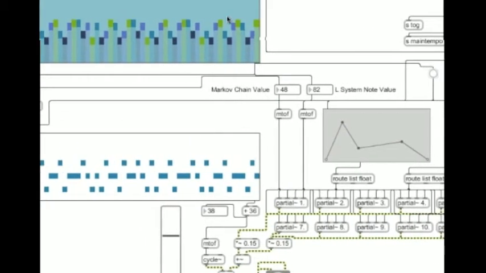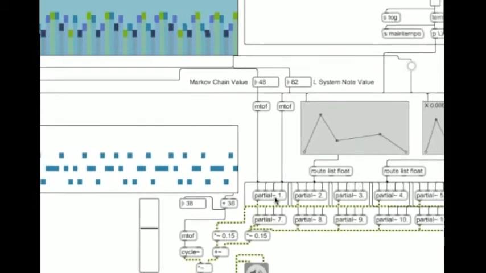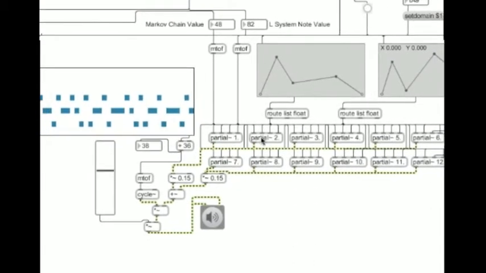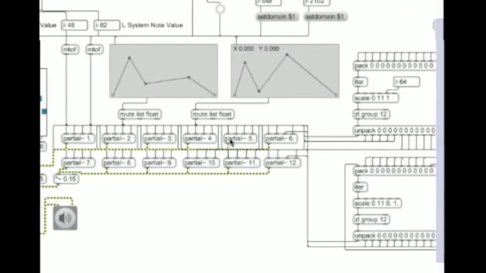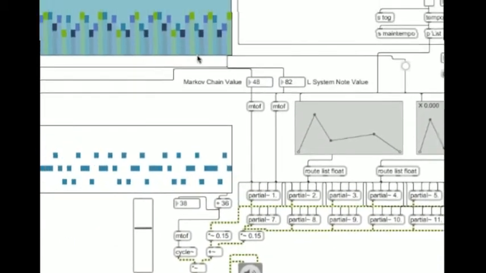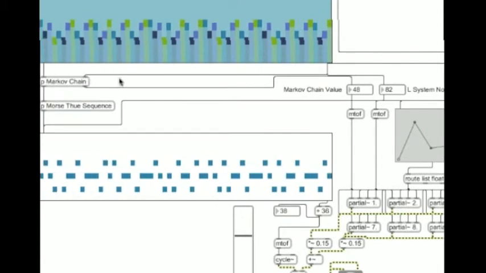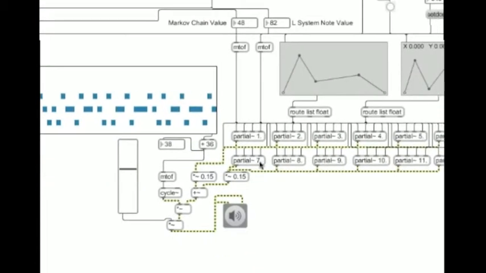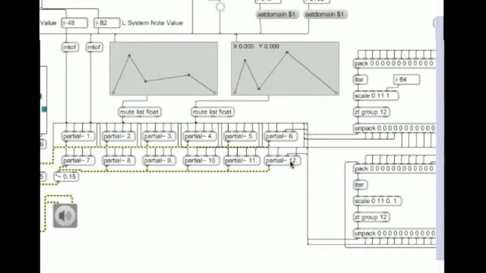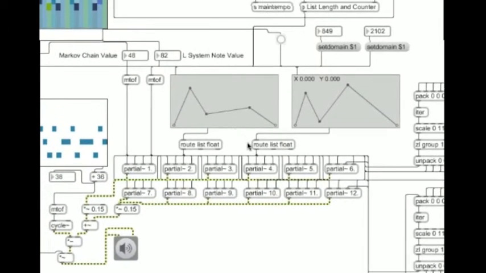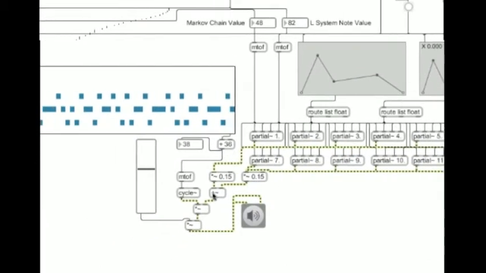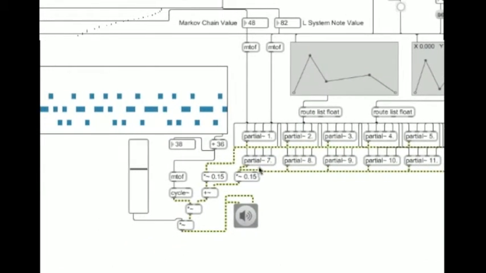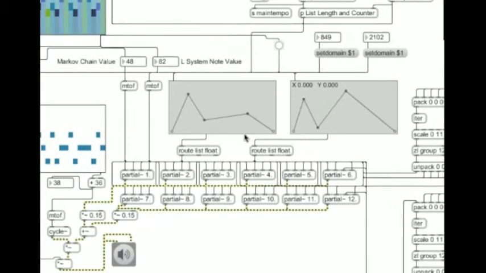The first sequence from the L system is played back by the first 6 partials, and then the sequence created by the Markov chain is played back by the next 6 partials. These are then eventually added together to create a single signal.